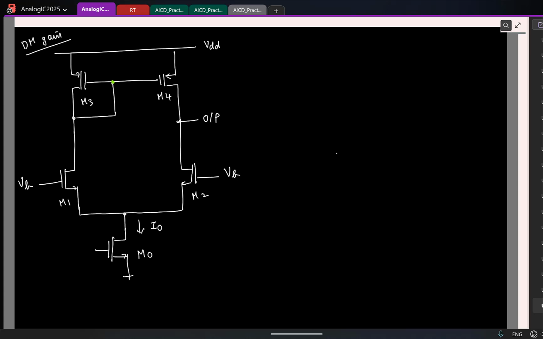So my inputs are, I will say, plus VID by 2 and minus VID by 2, so that the differential is VID. And for this calculation, I'll assume that we have an ideal current source, because we already know the circuit is asymmetric. So I don't want to introduce additional complications by assuming a non-ideal current source. Let's start with this.